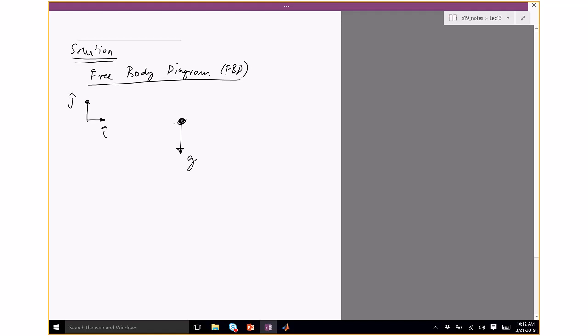Okay, the drag force Fx, Fy. Then we invoke Newton's second law, which is F equals ma, which is m x double dot i plus m y double dot j.